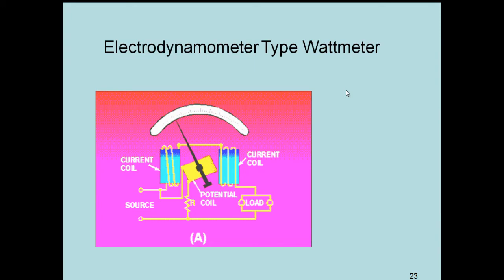Permanent magnet moving coil type meters we have discussed. Then we switched over to moving iron type instruments. In moving iron type instruments, we generally measure alternating current type values. Not only that, we can measure both AC and DC quantities.